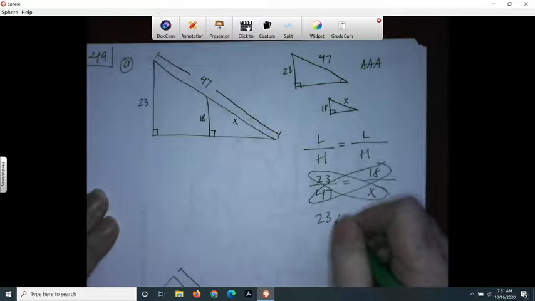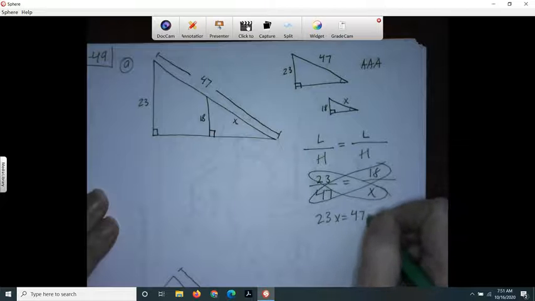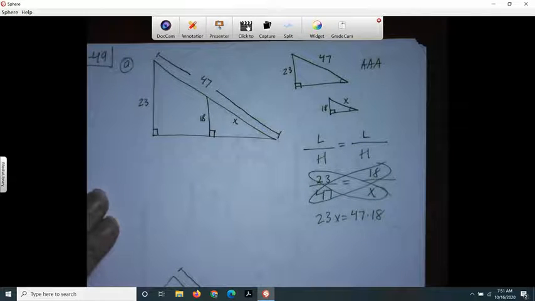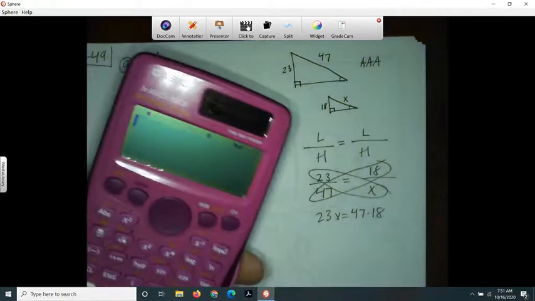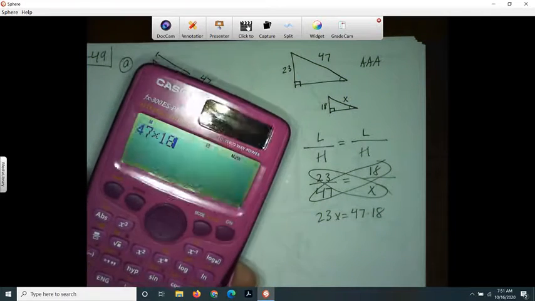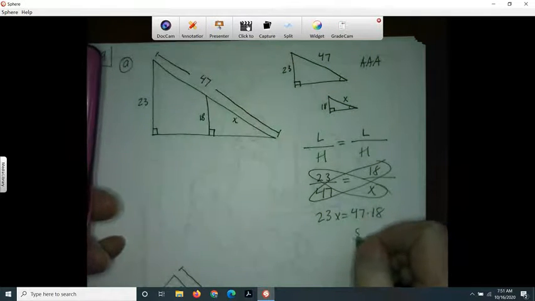Then I can get out my calculator, and 47 times 18 is 846, divided by 23.